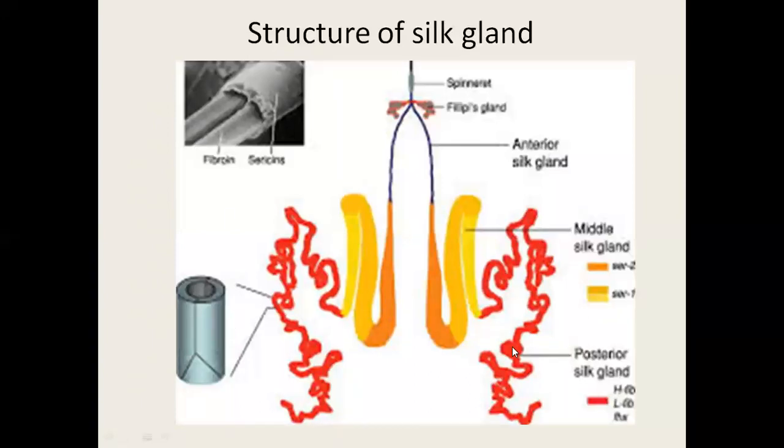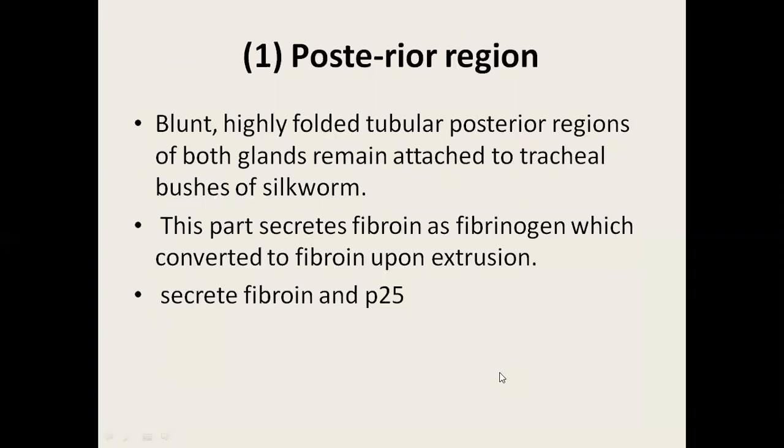So we can see this is the posterior region of the gland. It is highly folded in that region, and attached to the tracheal bushes of the silkworm. This part secretes fibroin as fibrinogen, which converts to fibroin upon extrusion.